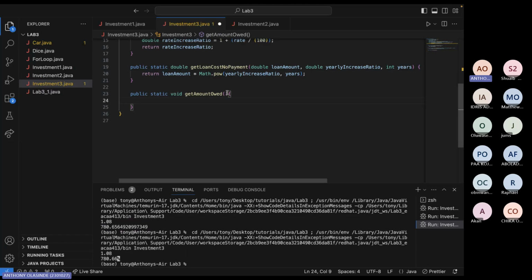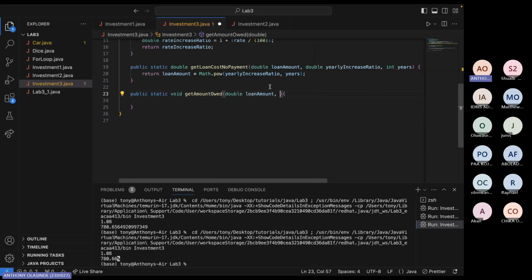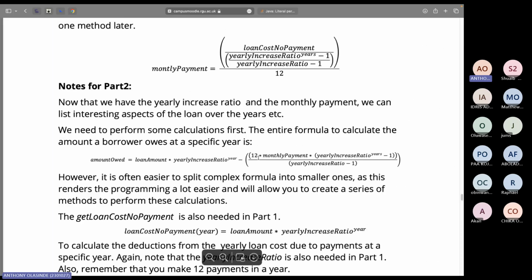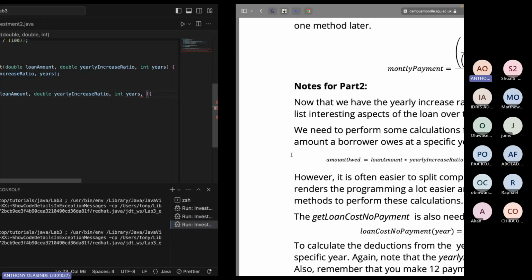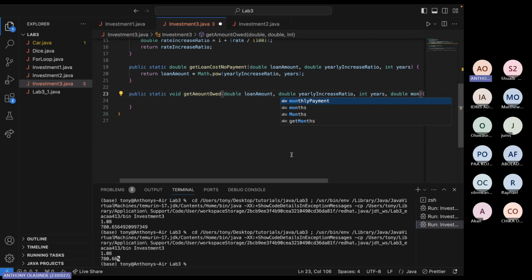So let's take it one by one. Double loan amount, then double yearly increase ratio, then we need year, that's int year, right? And also monthly payment, that will also be double monthly payment.